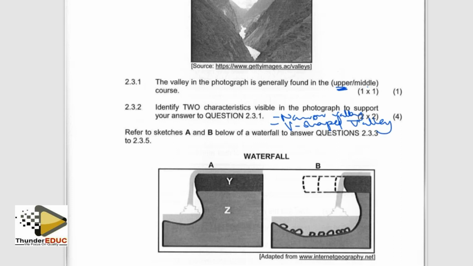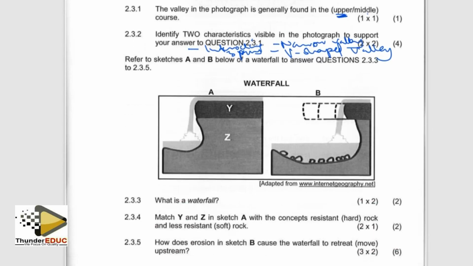Also, we can look at the interlocking spurs that you can see there. And also, we can look at the color of what could be the water. It is white. So that white color simply means it is in the upper course. So we can talk about the white color of the water.